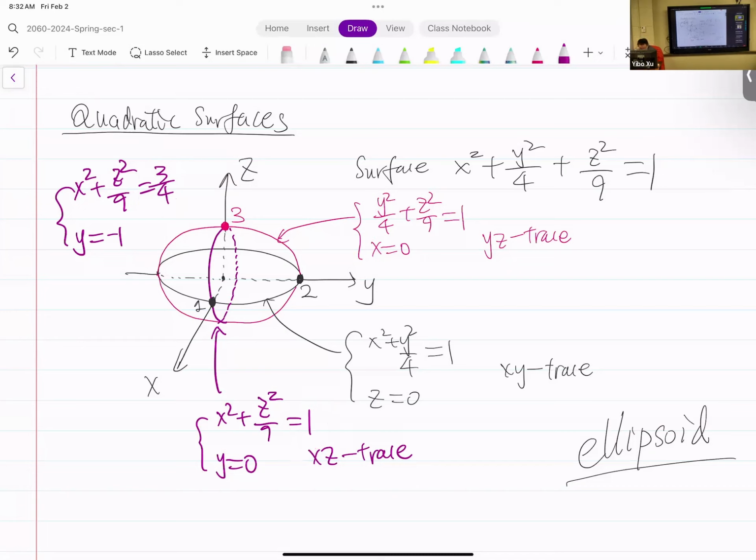Because we're just cutting a smaller ellipse a little bit to the left. And for this corner, that's the end, which is -2. So y equals -1 is exactly in the middle. It's just a smaller ellipse.